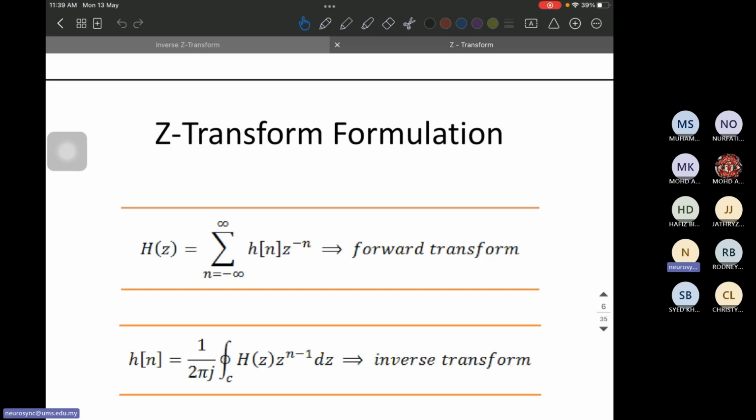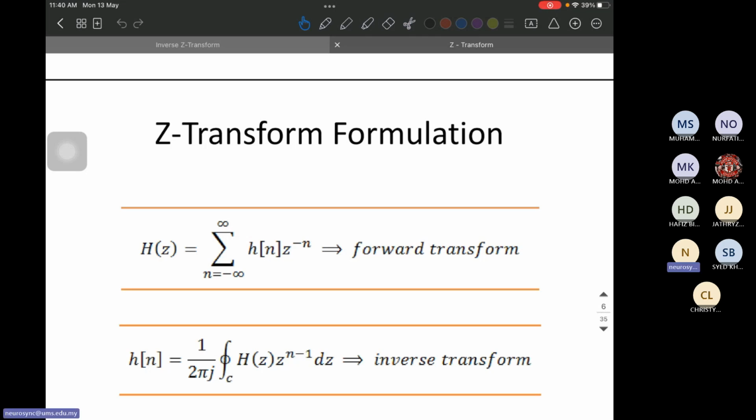Here you see the formula: the inverse transformation is calculated as 1 by 2 pi j, circular integration, H of z, z to the power n minus 1 dz.